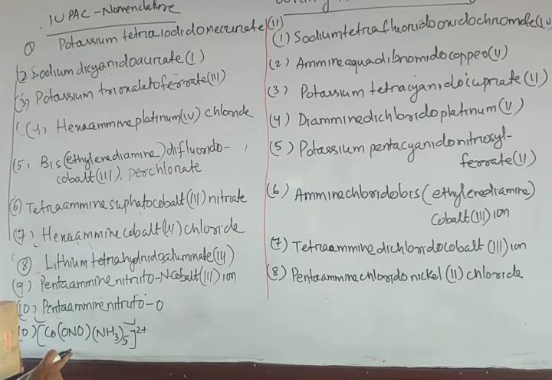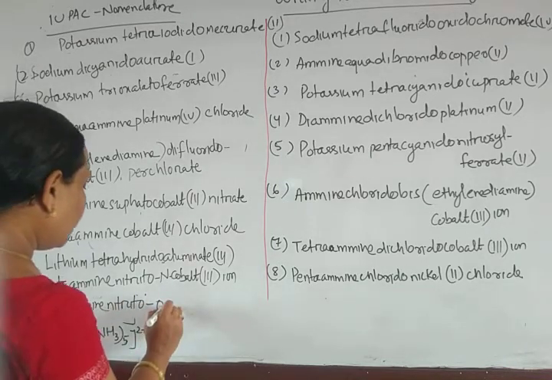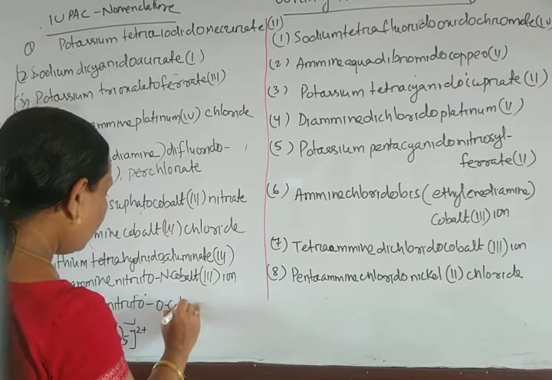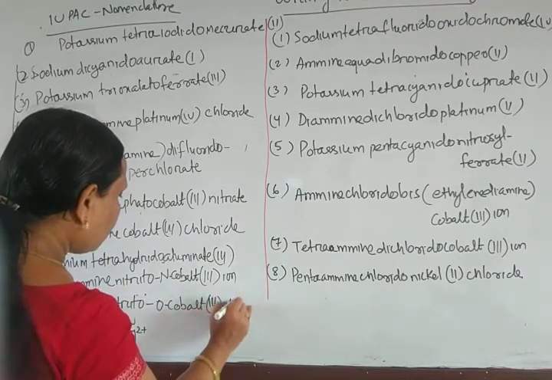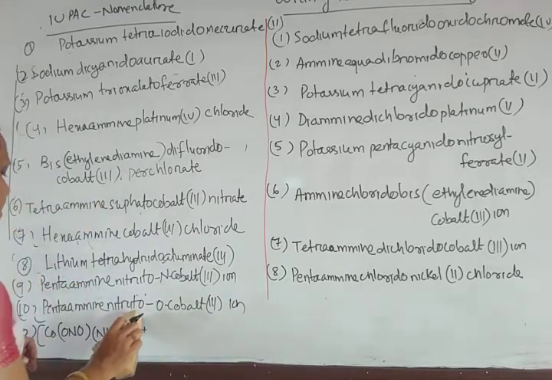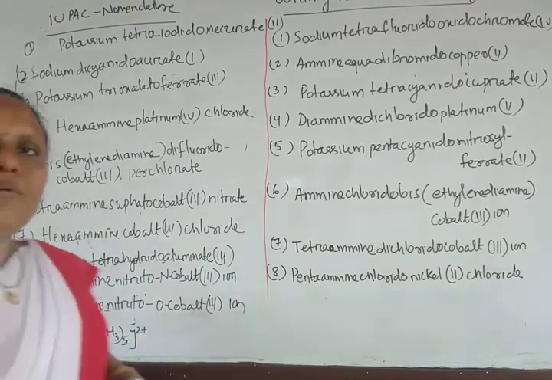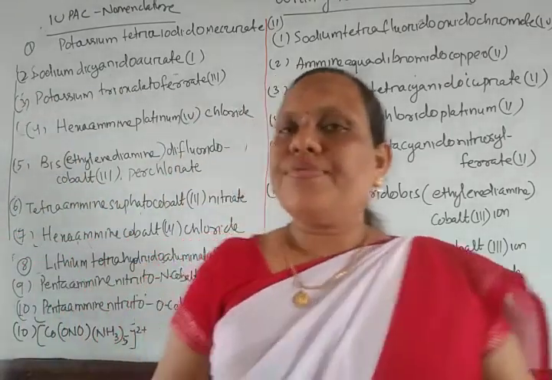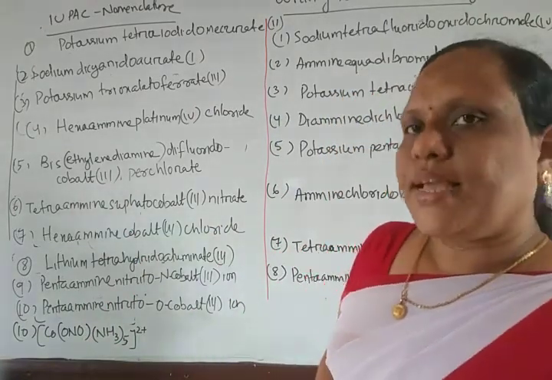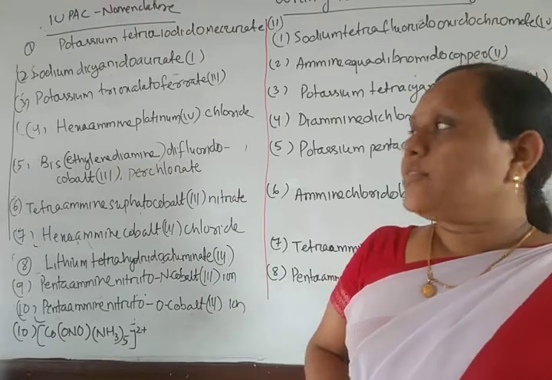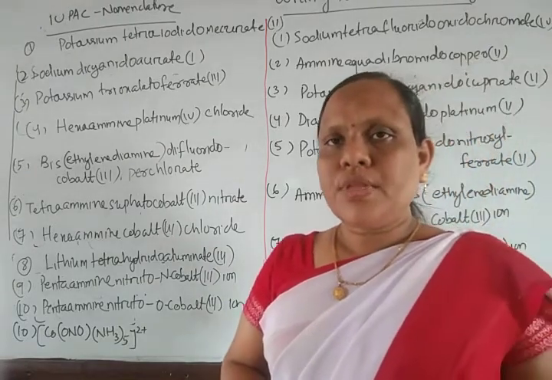As it is linked with oxygen, pentaamminenitrito-O cobalt(III) ion. So in this way, we have to write the IUPAC names. So these are some simple examples to write the IUPAC names of compounds. Okay.